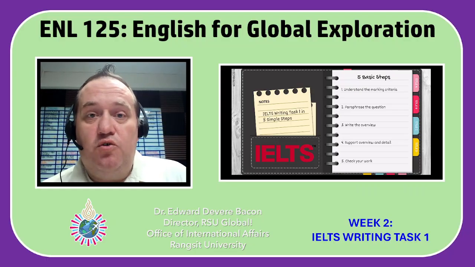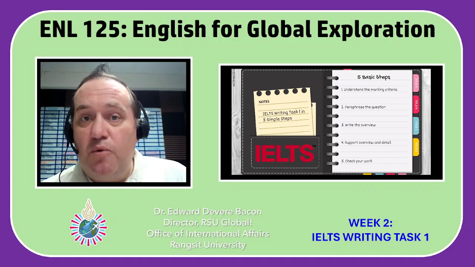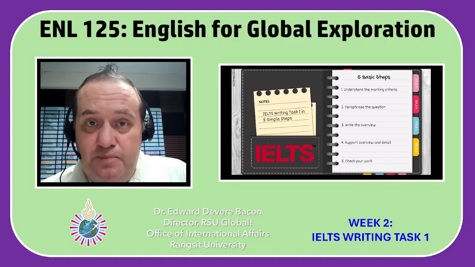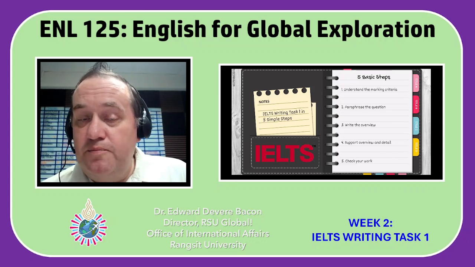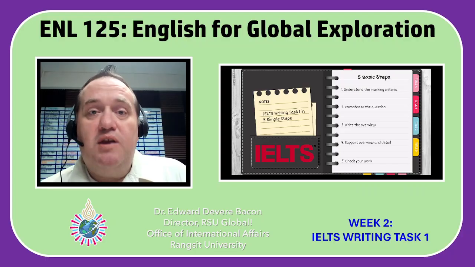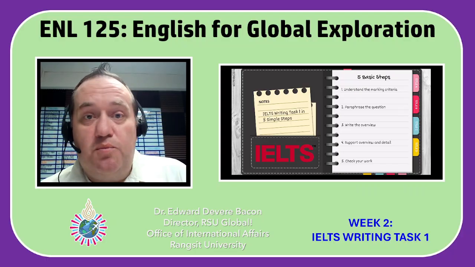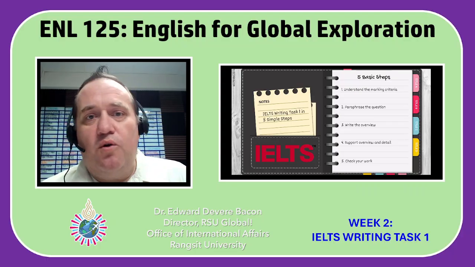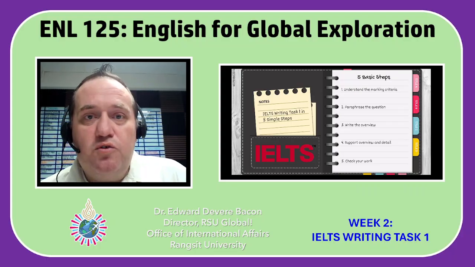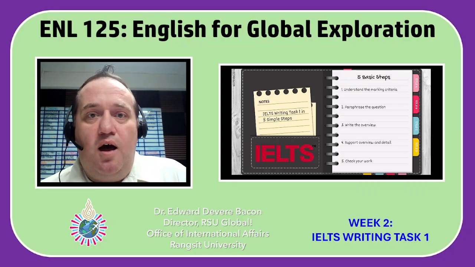Again, this is a summary of a visual aid that you're given, and you want to write a summary in 150 words or more. And once you're finished, make sure you check your work. It is very common to either misspell a word or use incorrect grammar, so you want to make sure you do that.